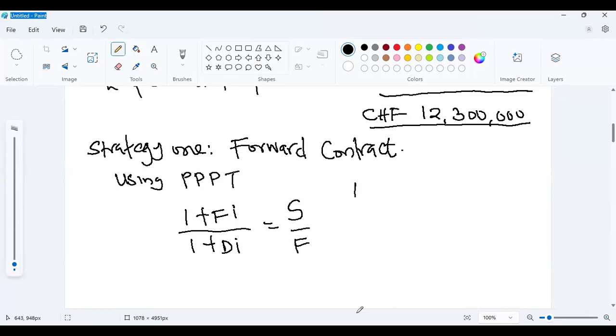Where Fi is foreign inflation, and Di is domestic inflation.